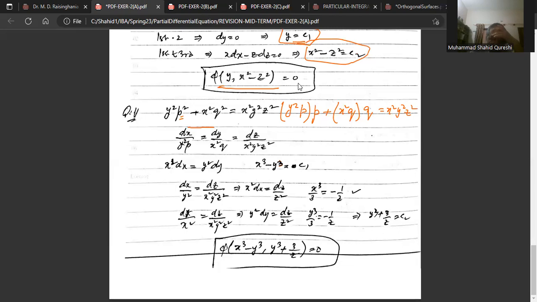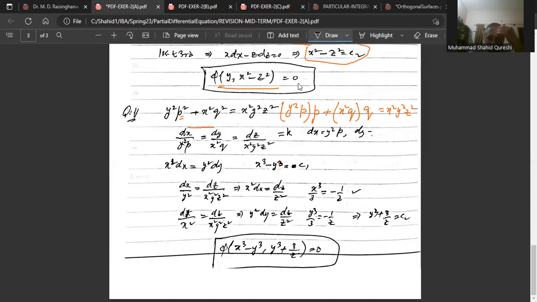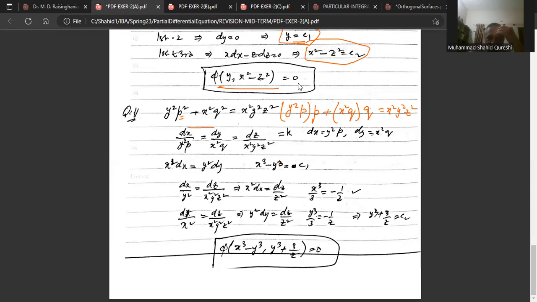Now, if you want to find a way that how p and q can be ignored, we make one attempt by allowing it to be k, so that we have dx is equal to y square p, dy is equal to x square q, and dz is equal to x square y square z square. Of course, each of them is multiplied by k.